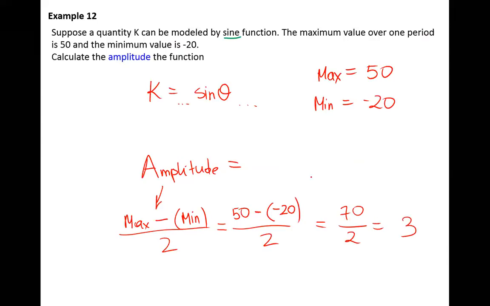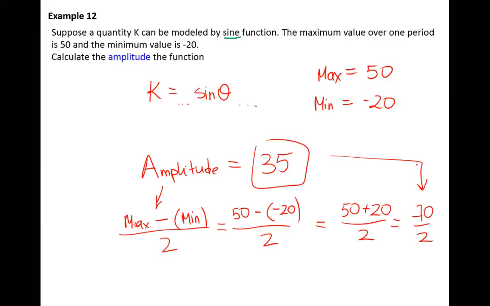That means adding, let me put the math, plus 20. 70 divided by 2, of course, is 35. That was actually good writing. Please remember, do not make this mistake on your test. Do not subtract incorrectly. It's subtraction of the negative number.